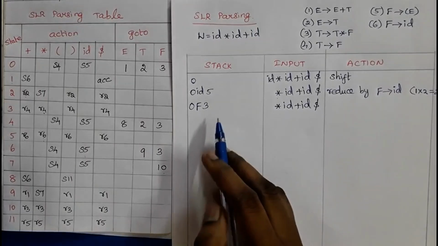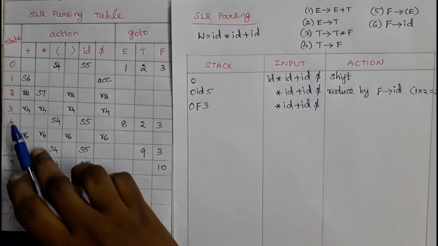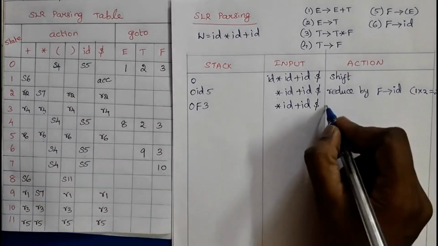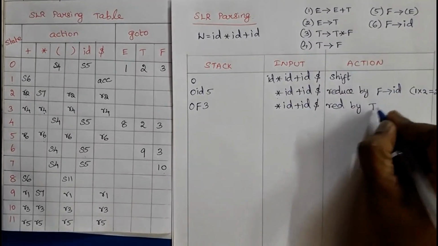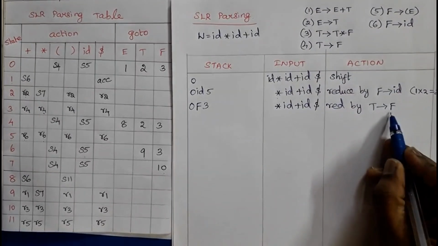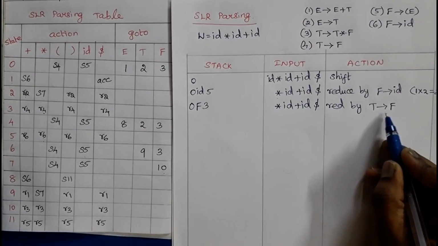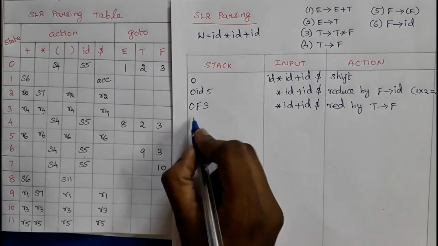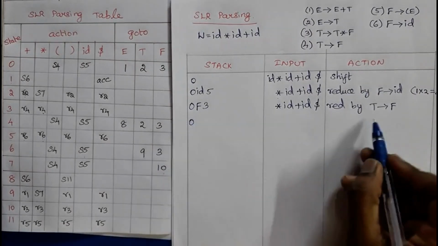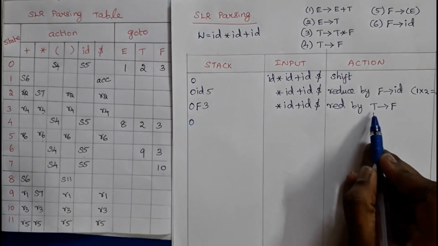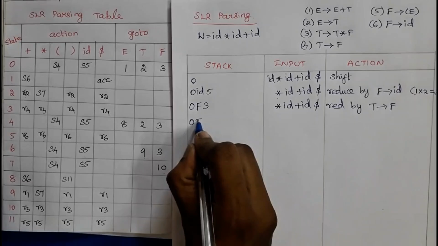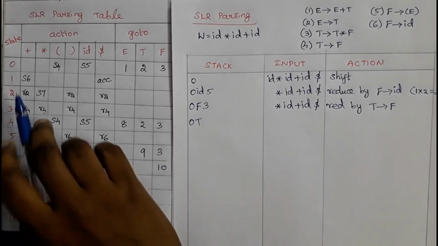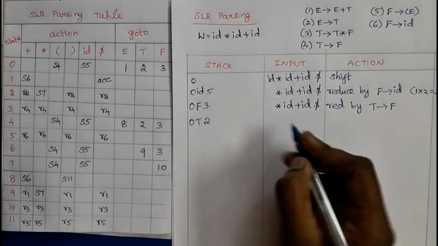Continuing: 3 and star is R4, reduce by production number 4, T goes to F. The length of the right hand side is 1, multiply by 2, so two symbols are popped from the stack. Now 0 is on top of the stack. Then push the left hand side of the production, T. Then 0 and T is 2.